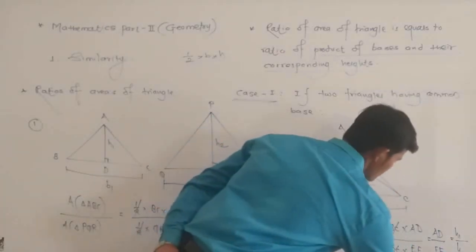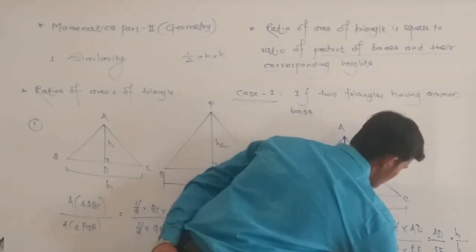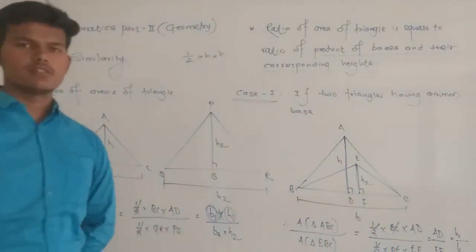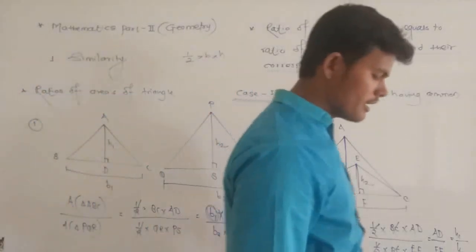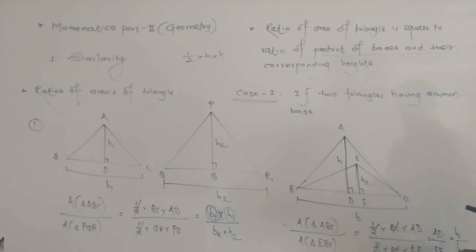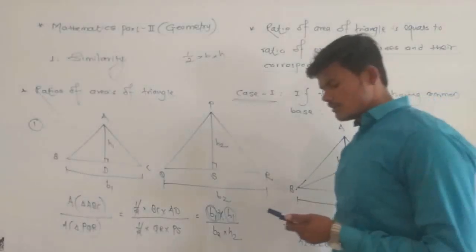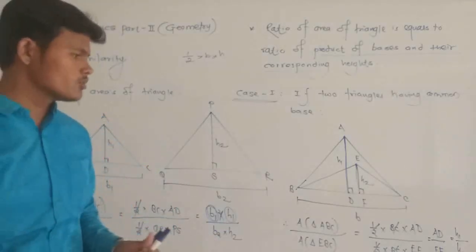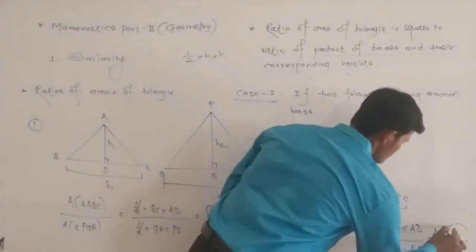That is H1 upon H2. So if two triangles have a common base, then the ratio of the areas of the triangles is equal to the ratio of their corresponding heights. That means if two triangles have the same base, then their areas are proportional to the heights.